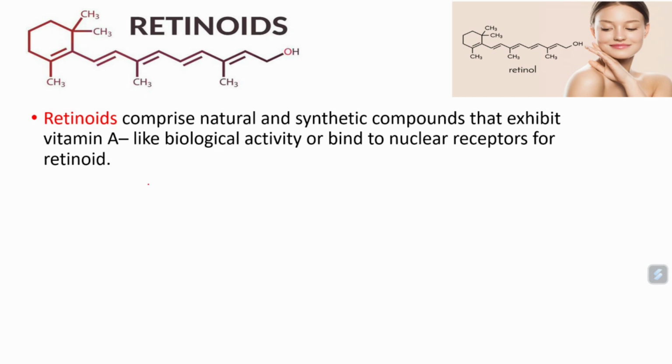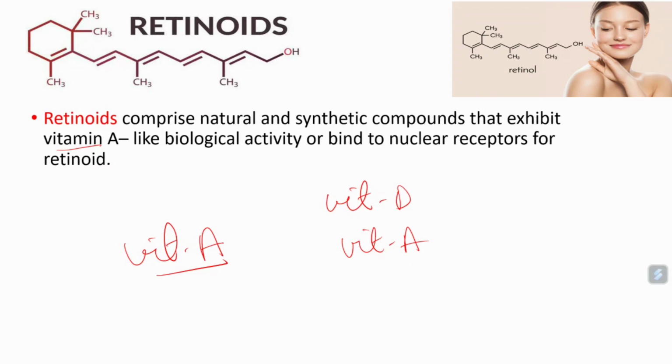Okay, retinoids are vitamin A related analogs. These are vitamin A analogs. Always remember, retinoids are the compounds which are very similar to retinol. Okay, so these are vitamin A related compounds. Most of the time, vitamin D associated compounds, vitamin A associated compounds, all these drugs are sometimes used in cancer.